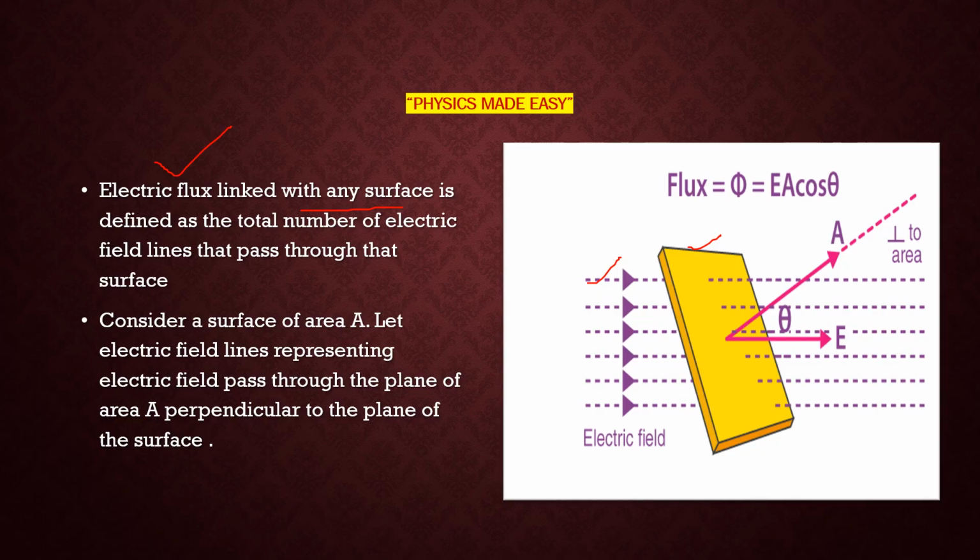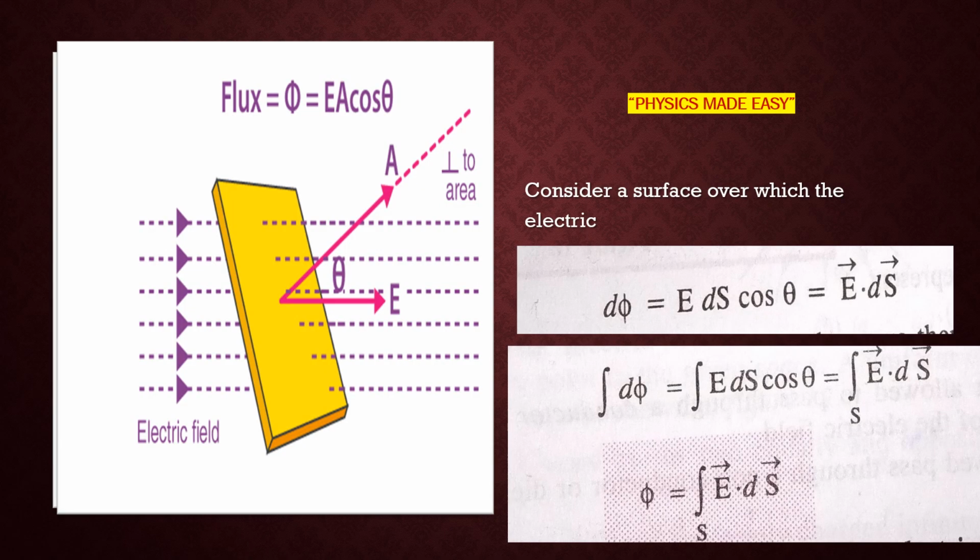So as we considered earlier, this surface has the area capital A. Let the electric field lines that are passing through this area represent the electric field through the plane having the area capital A, and this plane is perpendicular to the electric field lines.